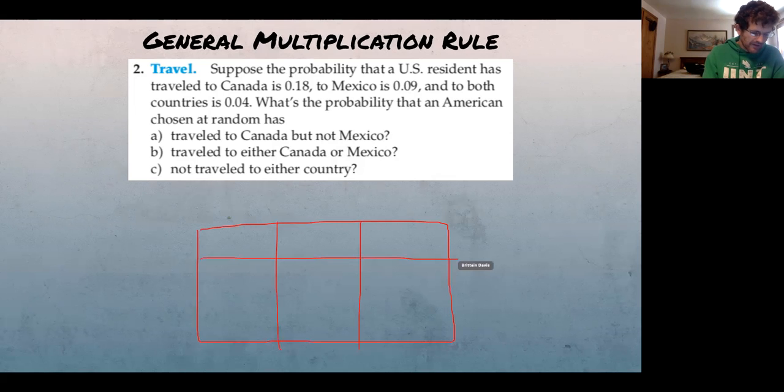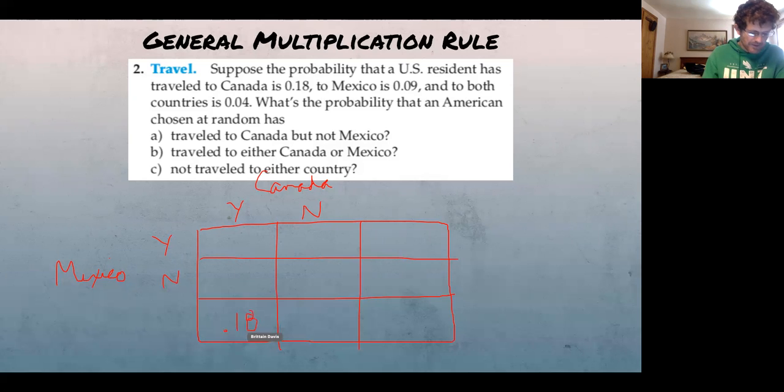So I've got Canada, and I'm just going to put yes or no. That means yes, I've traveled to Canada, or no, I have not traveled to Canada. And then we're going to have Mexico, yes or no. These are all US citizens we're talking about. The probability that a US resident has traveled to Canada is 0.18.